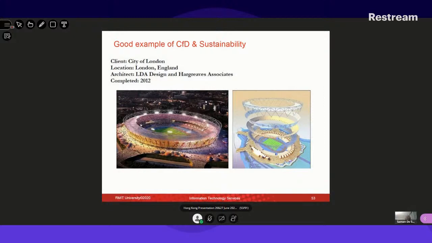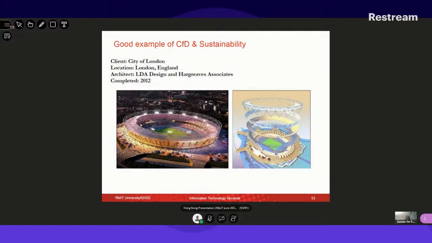Okay, guys, one of the best examples of construction for demolition and sustainability was actually the London Olympics 2012, from memory. So you can see how they are layered, because we know most of the stadiums, although the Olympics brings 100 to 120,000 people or 200,000 people to the venue, after that, that venue can't fill in forever.